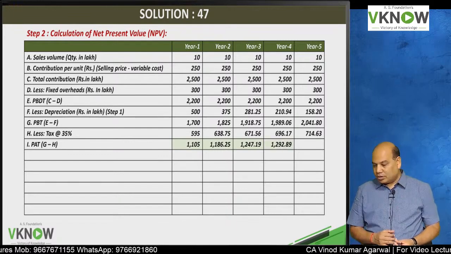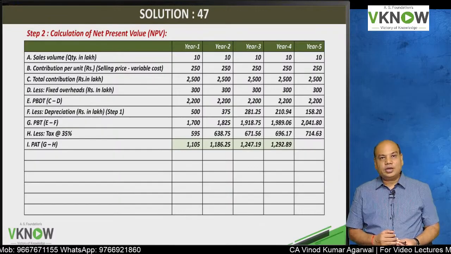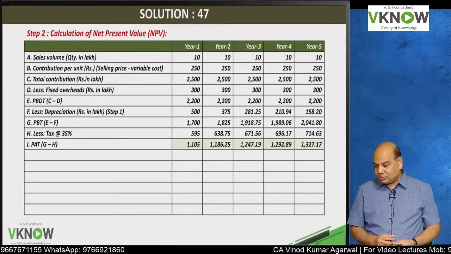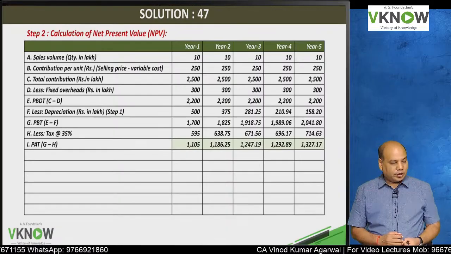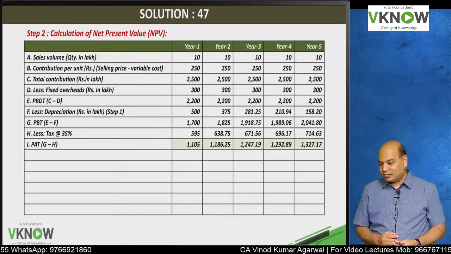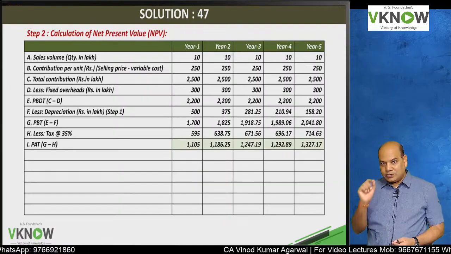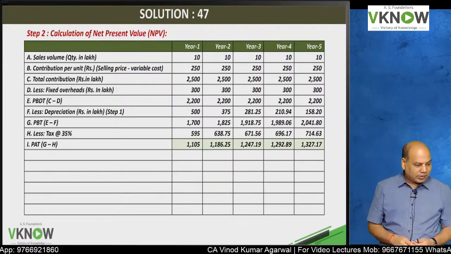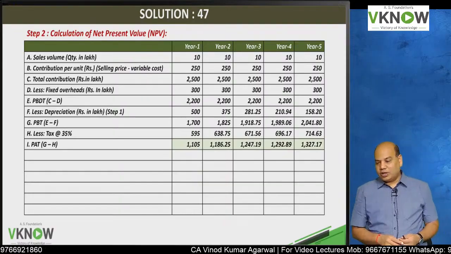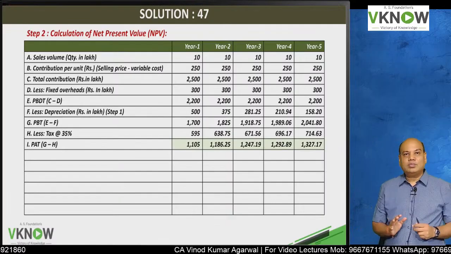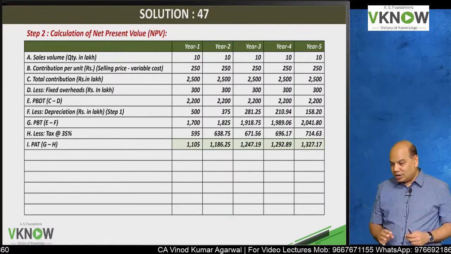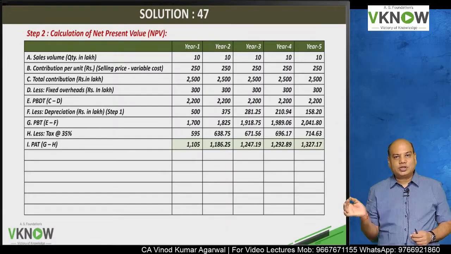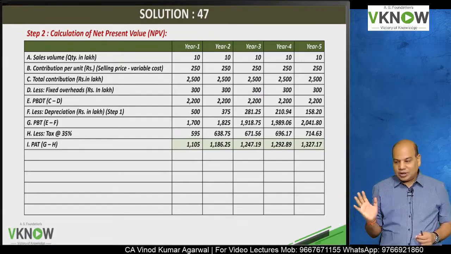Next one, 1292.89. Next one, 1327.17. Yes, please confirm if it is right. Then I'll go to the next line. Very basic question if you solve one by one. It is like solving 3 easy questions of intermediate.